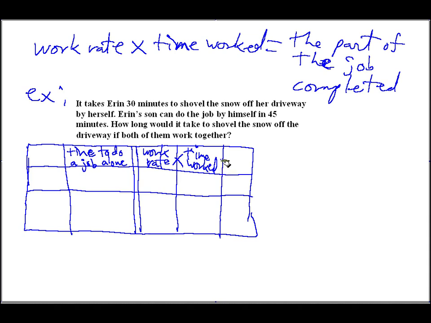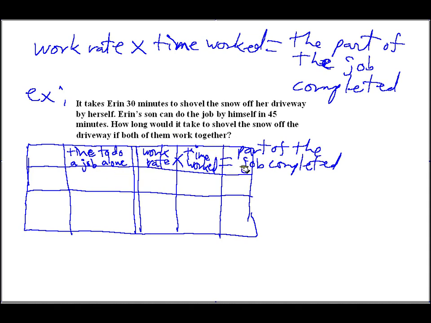Running out of space there, but this last column is equal to the part of the job completed. In other words, we're going to calculate how much of the job each person contributes to this task. So, for example, Erin might do 60% of the work, her son might do 40% of the work. We want to figure that out. Can we see that?